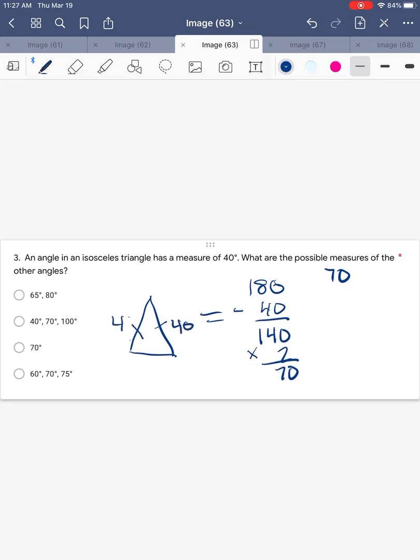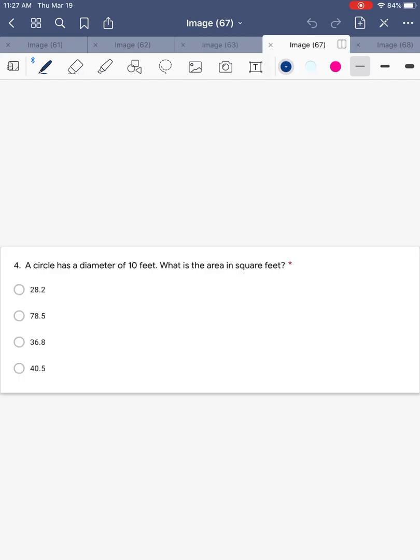Well, if they're both the same, then the other one would have to be 40, which would lead to 180 subtract 40 plus 40 is 80, so we'll subtract that, which would be 100. So that would leave that the other side would be 40, and then the bottom side would be 100. So those are the three possibilities that could be for that question.